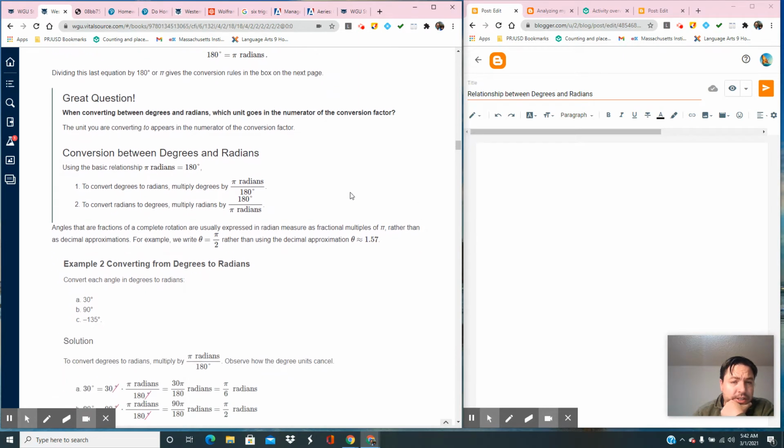So here we are to convert between radians and degrees using the basic relationship that pi radians equals 180 degrees. Convert with pi over 180 or 180 over pi.